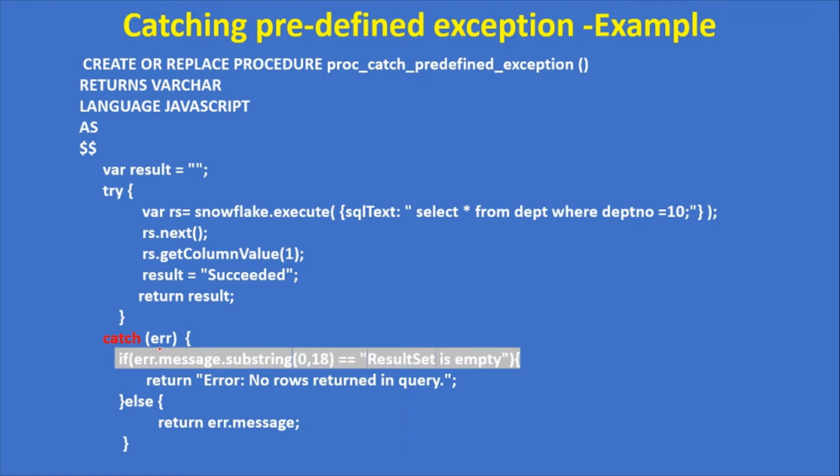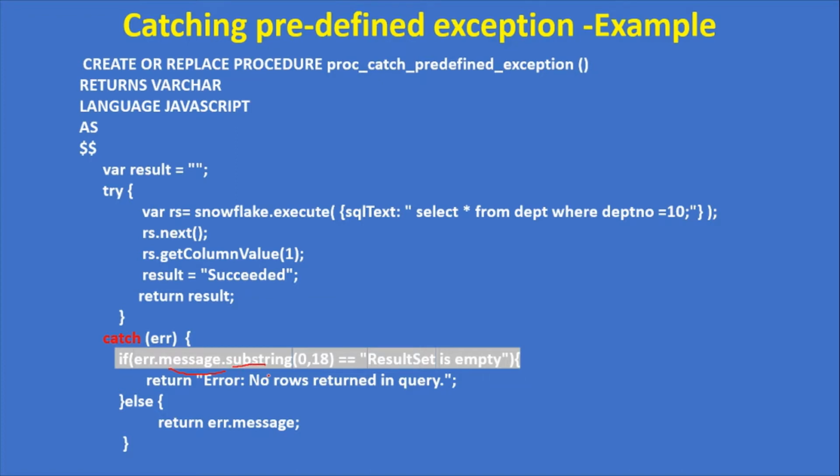This error object has different methods. Those are message, state code, and trace tag text. So here, if you see message, from the message I am going to use the substring.